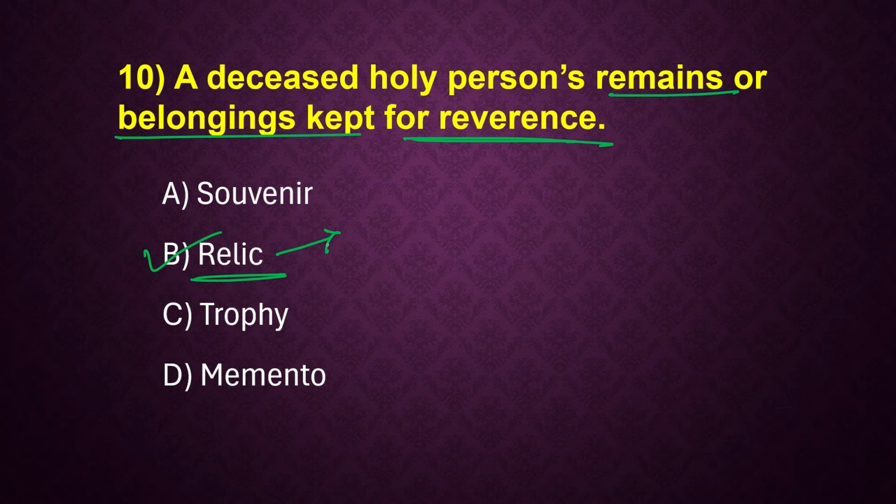A relic is an object, or you can say body part or belonging of a holy person preserved because people consider it sacred, like Gautam Buddha's relic. It can be body parts, it can be hair, any part of the body that is considered holy.